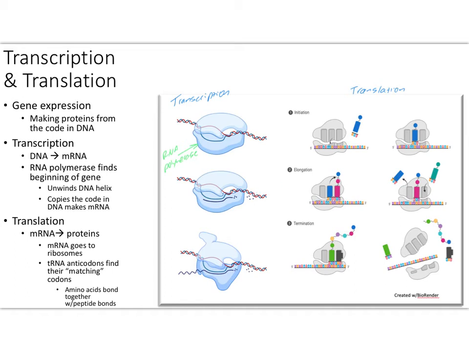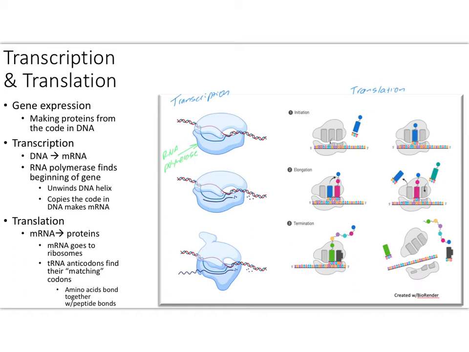Elongation of transcription is essentially just the process of RNA polymerase running through the DNA, copying the code, and creating the mRNA, making that strand of mRNA longer and longer until it reaches the end of the gene, and then termination will occur.